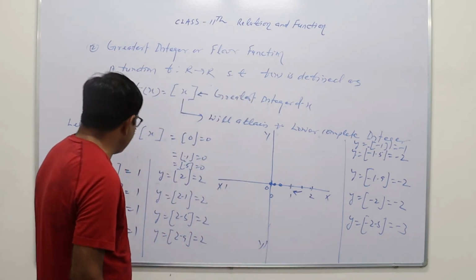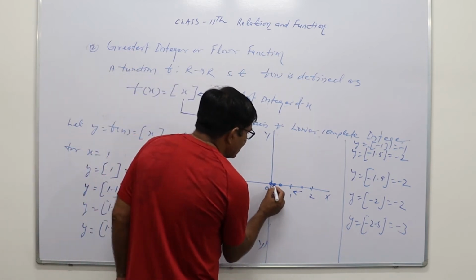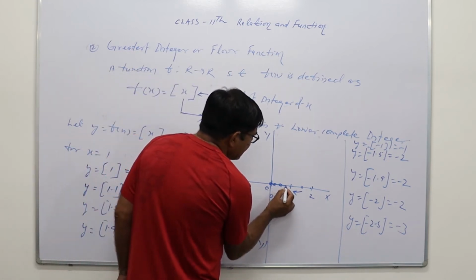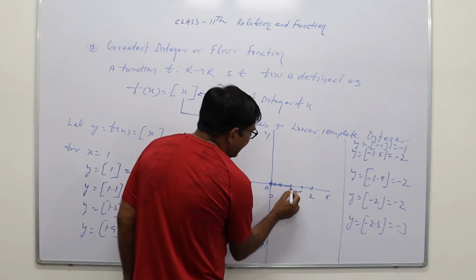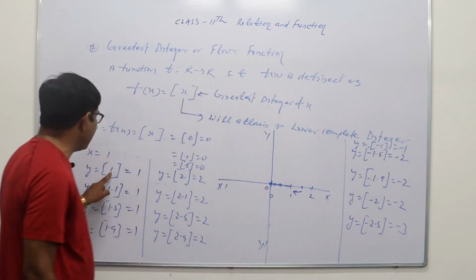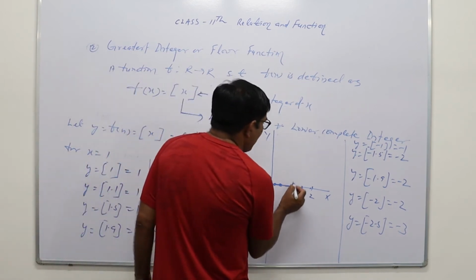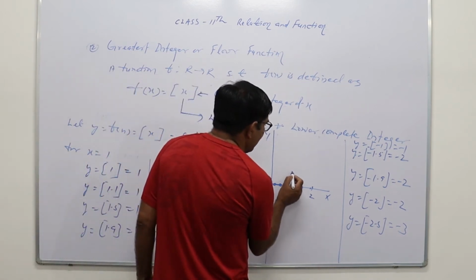But the greatest integer of 1 is 1. So the graph will start from 0 until just before 1. This graph will break, and at x equal to 1 the graph will jump because the greatest integer of 1 is 1. So for x equal to 1, this value will be 1.